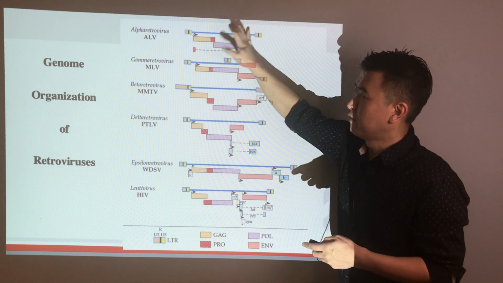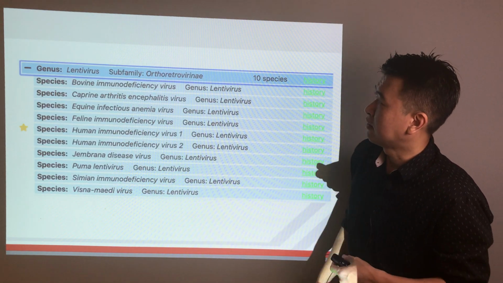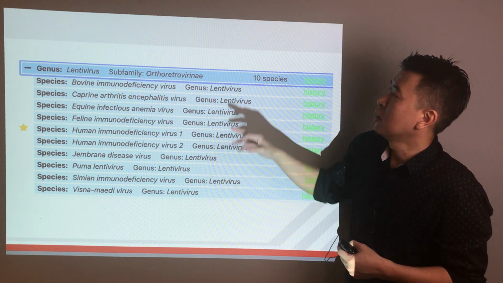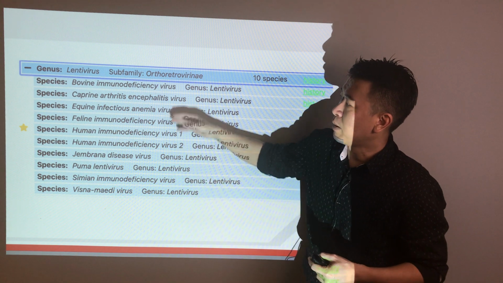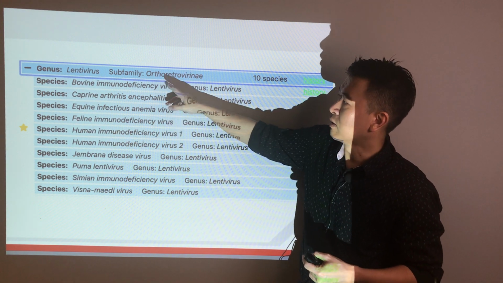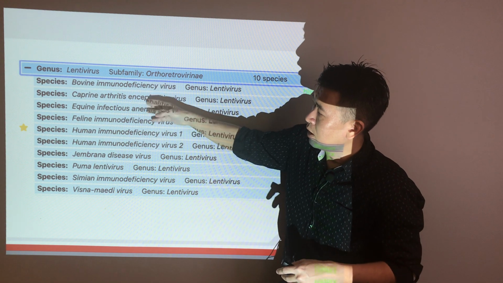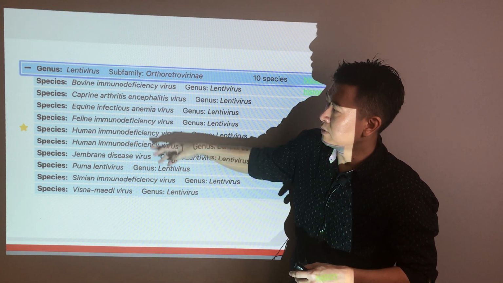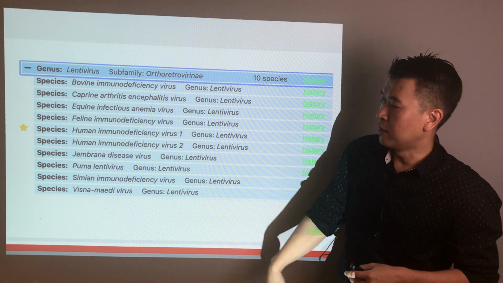So the one that we are interested in is the lentivirus. What's the point of learning the simple one? Let's look at the most complex one, which is the lentivirus. In lentivirus, we have 10 species, as you can see from this list: bovine, caprine, which infect cattle and goat, equine, horse, feline, cat, human, and so on.